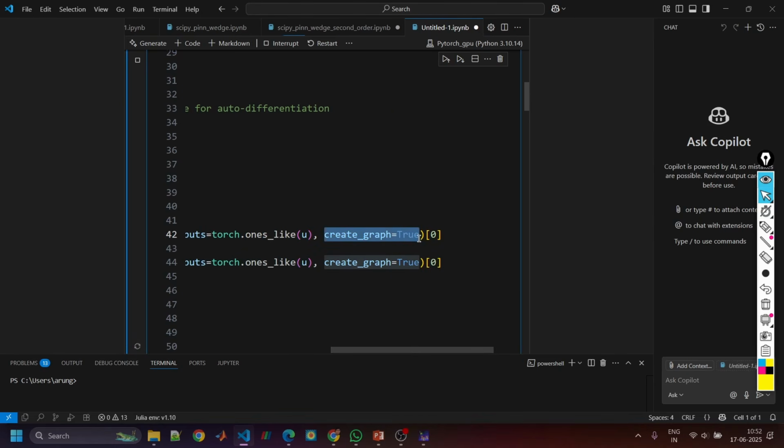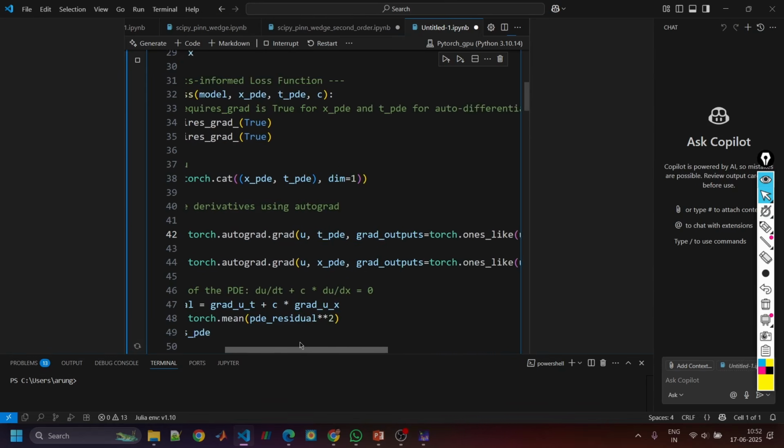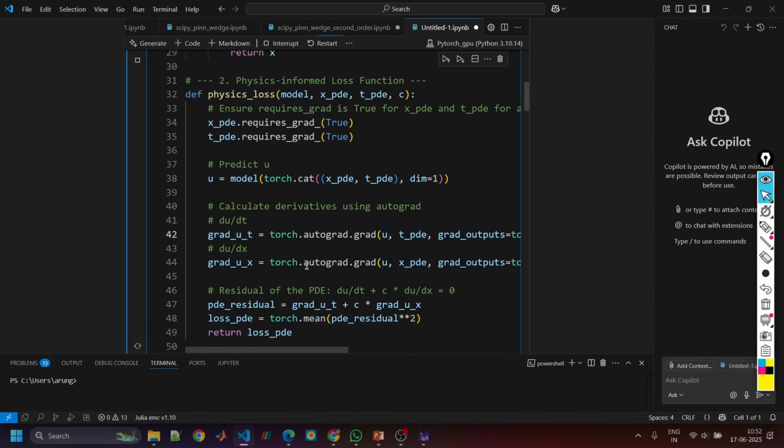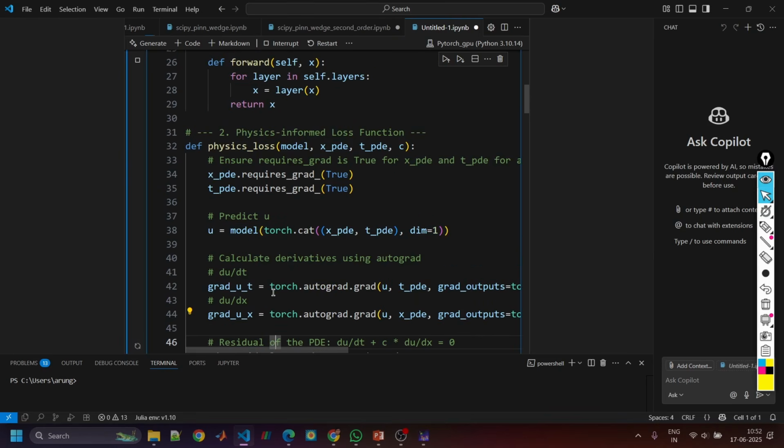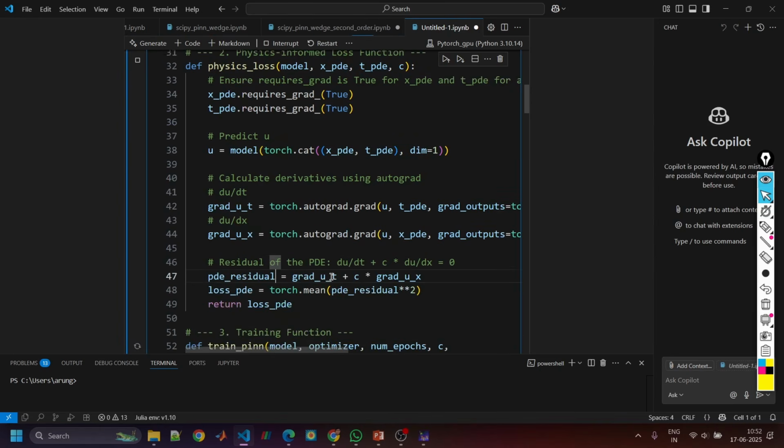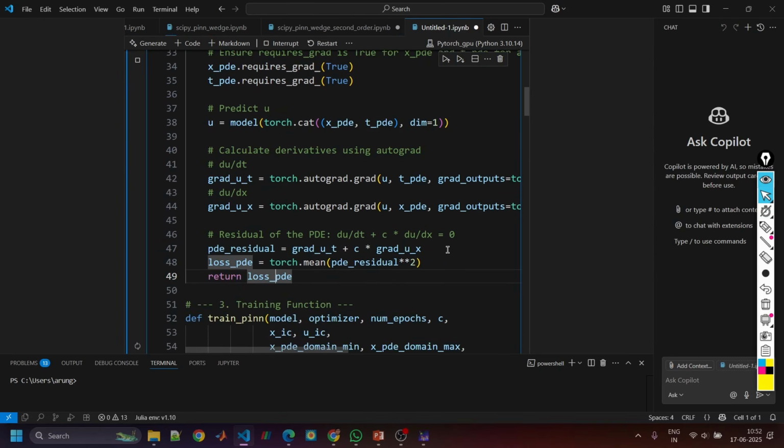Create graph equal to true, so that we can calculate the gradient of ux or ut. A similar thing we have done for the space dimension, so we have calculated du by dt and du by dx. Now we shall calculate the residue of the PDE.